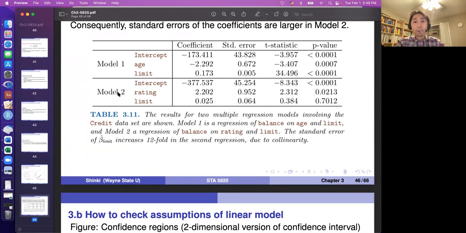See model 2. The rating and limit are predictors, and again, balance is the response. And rating has the coefficient 2.202. So if credit rating is 1 higher, then debt is $2.2 larger. Do you know what's the range of credit rating in the US?